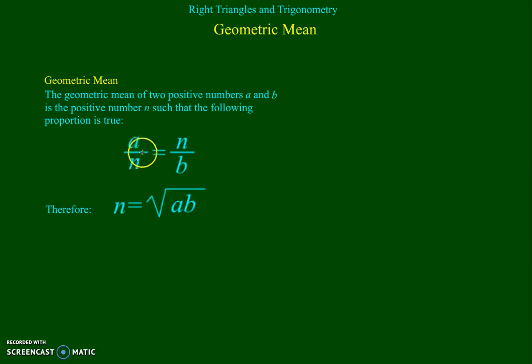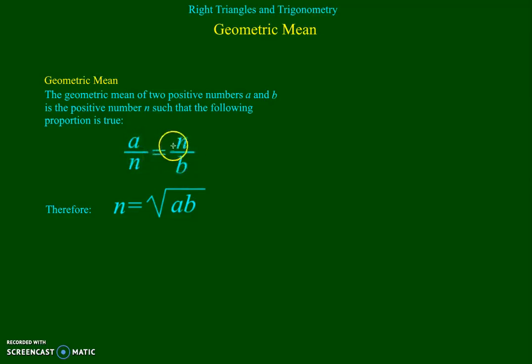The first thing we need to understand is that each one of these positions in a standard proportion has a name. This is the first proportional, the second proportional, third, and the fourth proportionals. The first and the fourth proportionals are called the extremes.